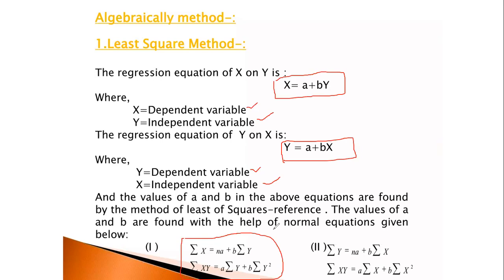Sigma xy is equal to a sigma y plus b sigma y square. Similarly, you have to estimate sigma y is equal to na plus b sigma x. Sigma xy is equal to a sigma x plus b sigma x square. If you estimate these values, both the regression equations you can find out here, that is y on x and x on y.